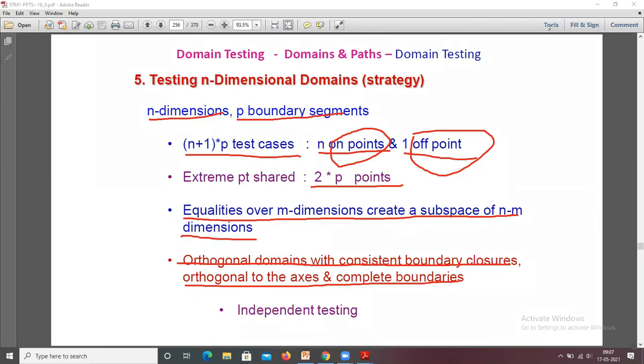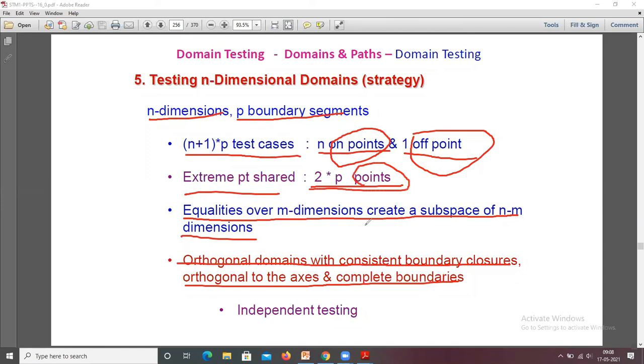Here, domain testing is nothing but white box testing. These are the strategies you follow when you are doing domain testing for your program. This is the extreme point. When extreme point sharing is possible, the number of points required per domain can be as little as 2p per domain.